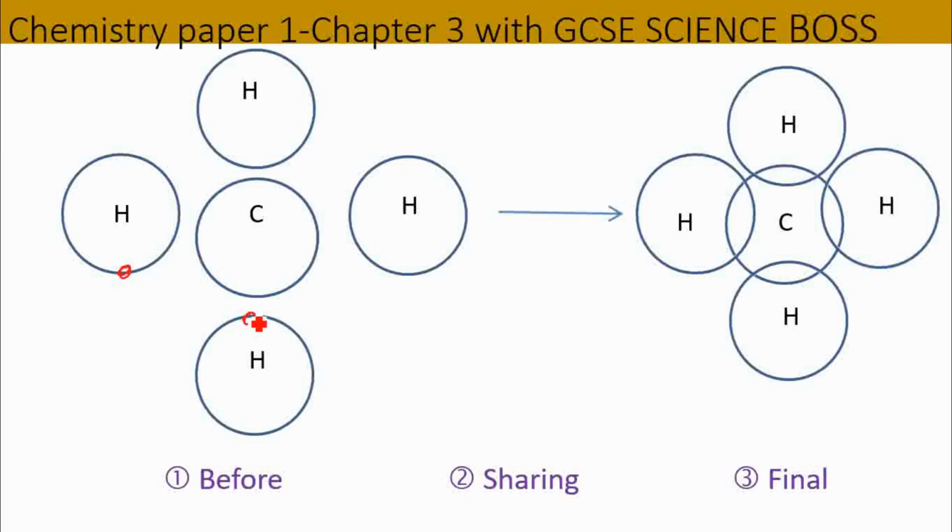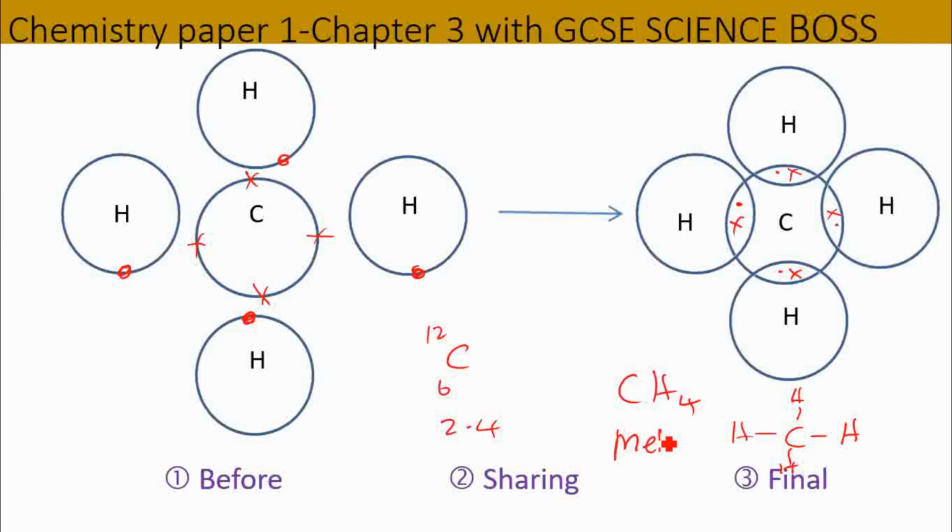So we have established that hydrogen is 1, carbon would have 4 on its outer shell, so 2, 4. Okay, so what will happen, that was the structure would look like there. And again, CH4, and this now is called methane.